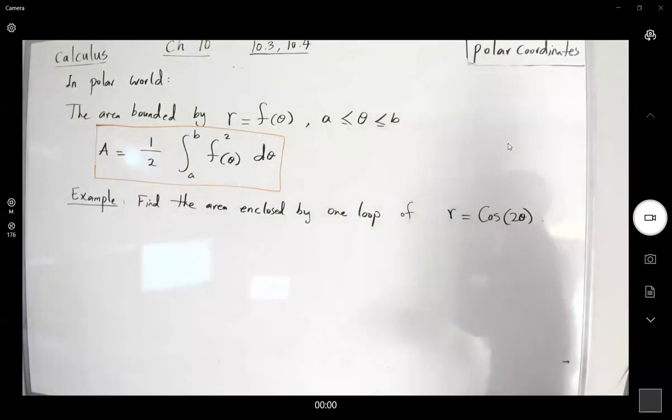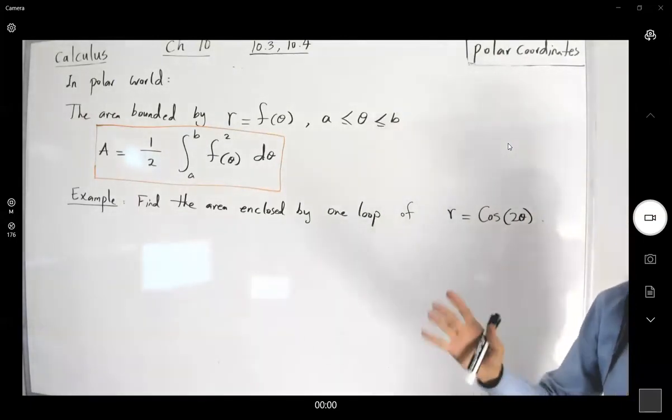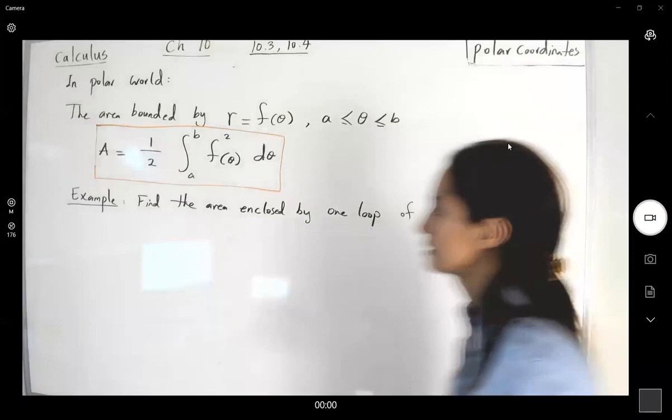Okay. The very first step is to graph this guy.